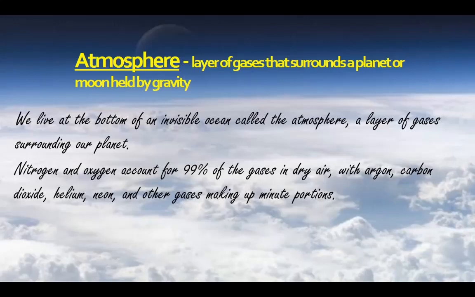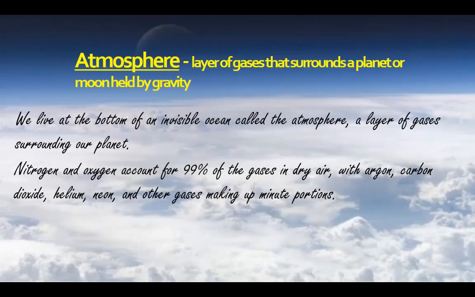As we go through and take a look at the composition of our atmosphere and how the layers are set up, we need to be thinking about why small changes in those composition numbers can have a pretty big impact in terms of how the atmosphere functions.